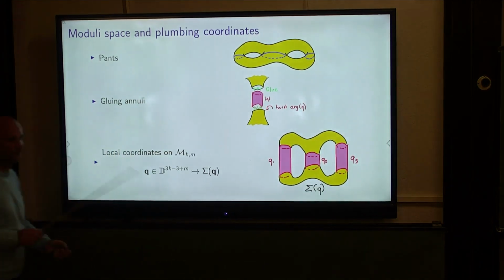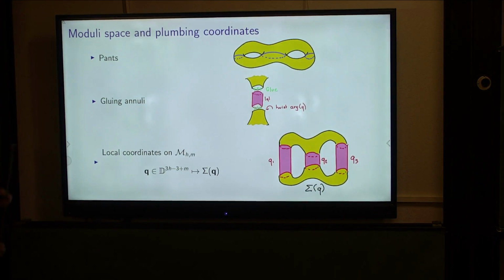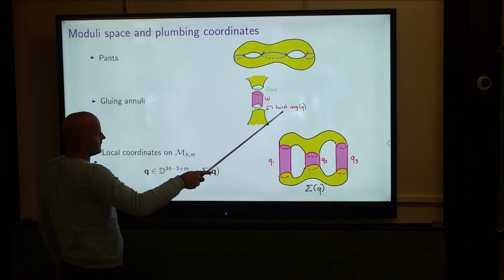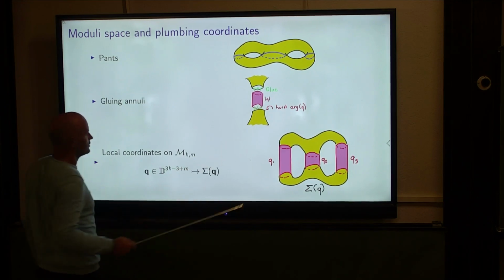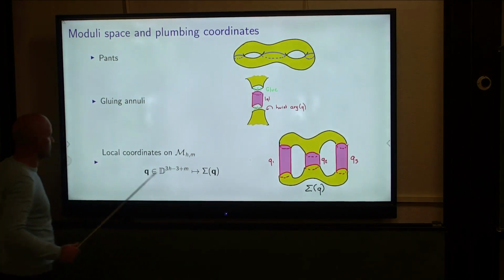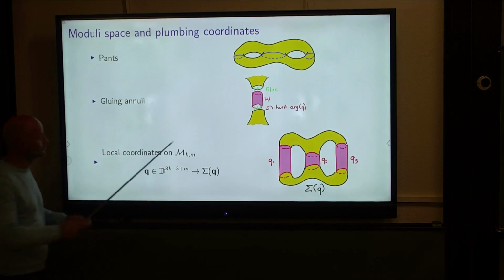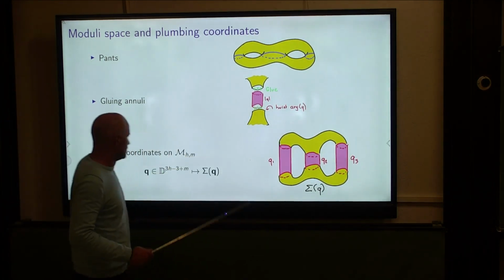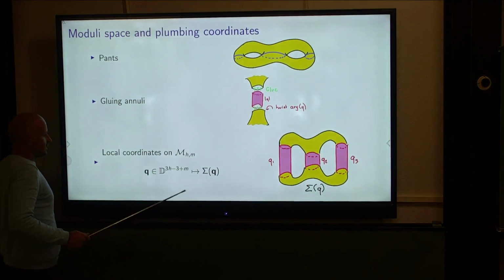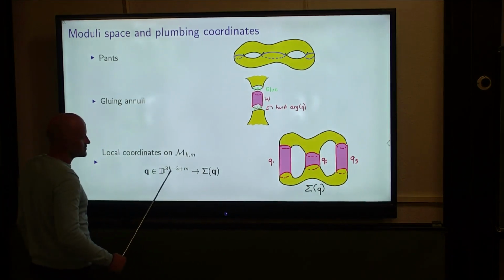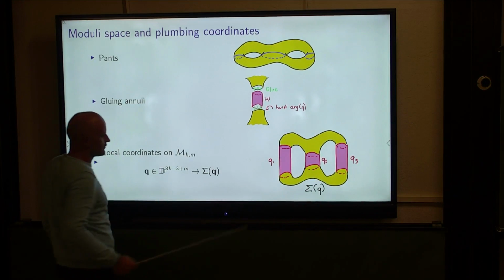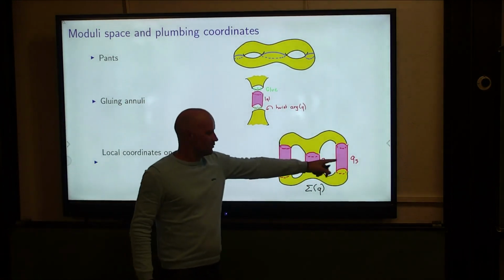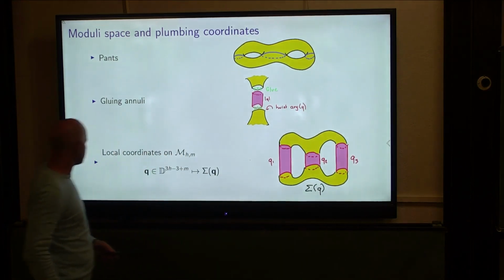Each annulus has this twist and this modulus, so it is parameterized by a complex number. You do this for every possible cut. So on my picture, you have a system of local coordinates from C^3 into the space of Riemann surfaces by playing with these few parameters.